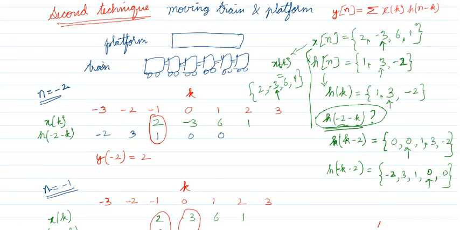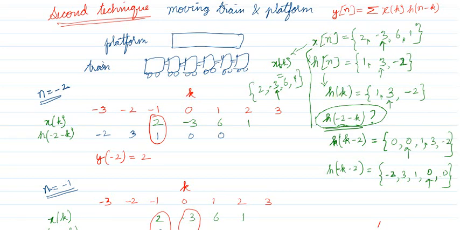So what is the value at time 1? It is -2, and time 1 goes to time 3. So this is 0, 1, 2, and 3. Similarly, -1 comes to +1. It is shifted to the right by 2 units. So first we are renaming x of n as x of k, and h of n as h of k.